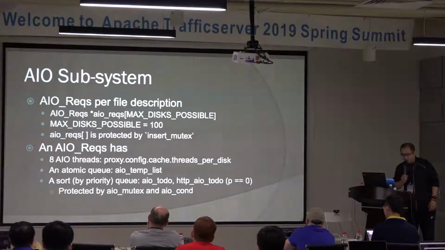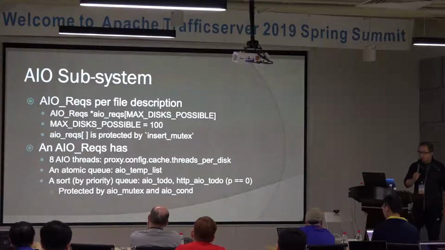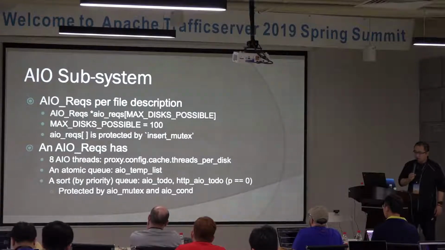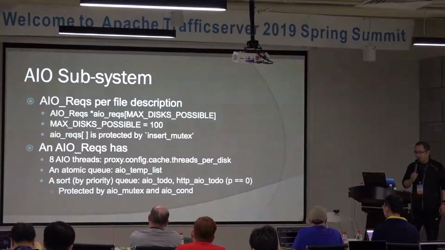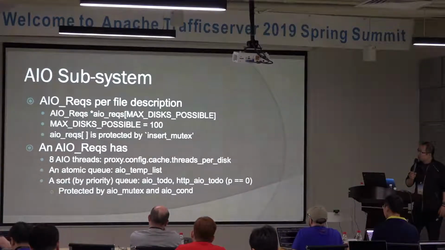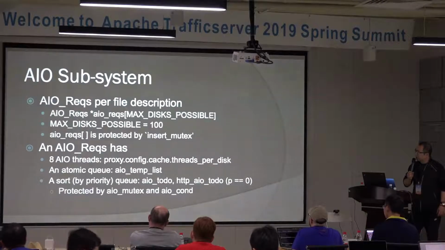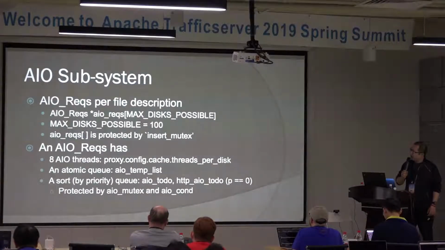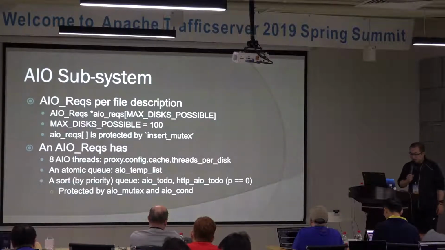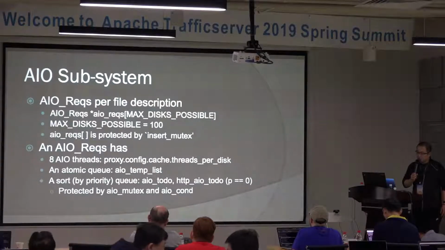There are 8 threads for an AIO request, and you can change it by the config item proxy.config.cache.threads_per_disk, and an atomic queue, AIO temp list, in the AIO request structure. And there is a sort queue, AIO to do.